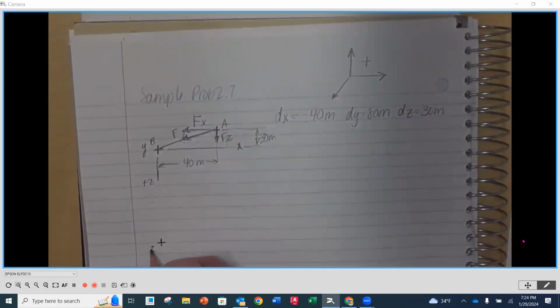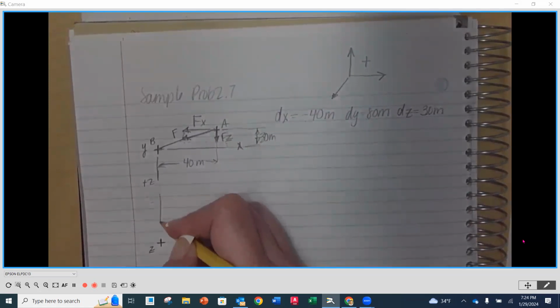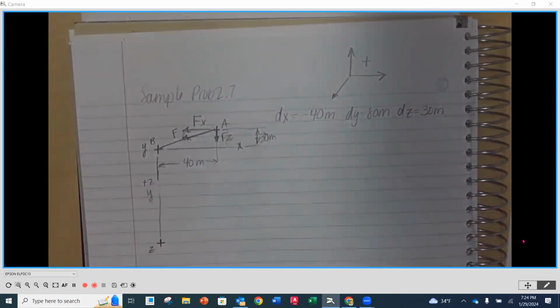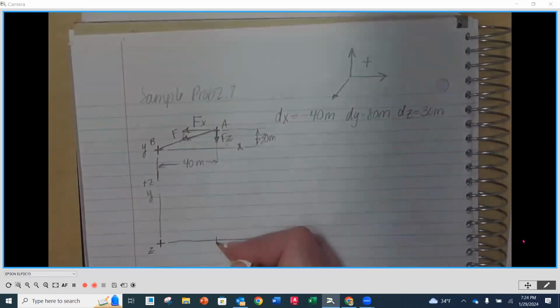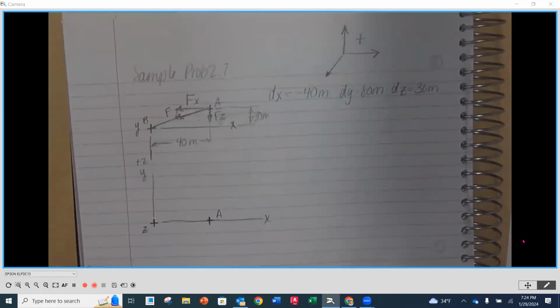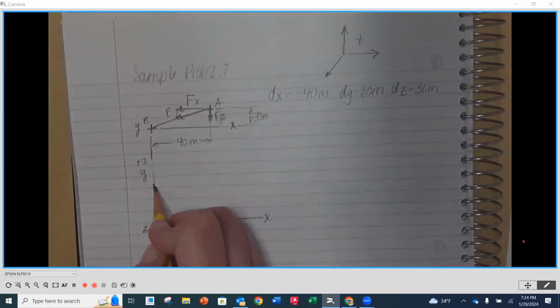My y is going to go straight up like this. My x is going to go over here. I'm going to extend it a little bit and try to put it in line here. My A is going to end up right there, and that's going to be A. Then up here is going to be B.